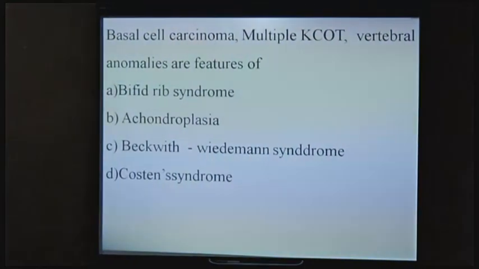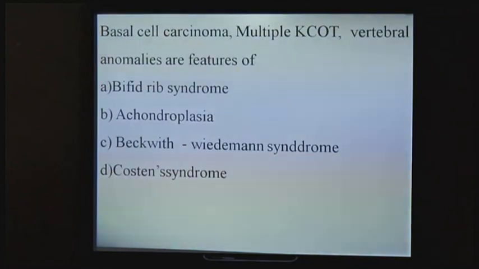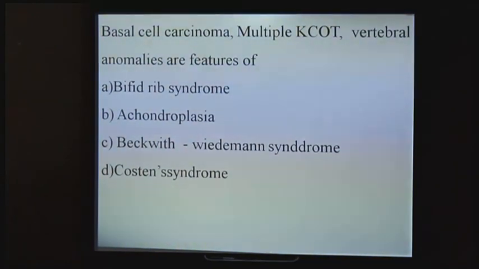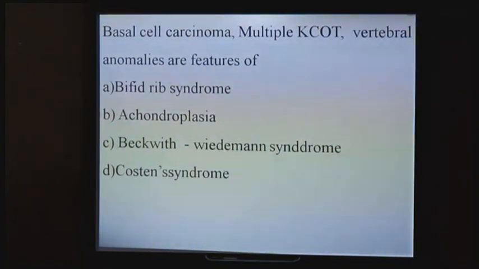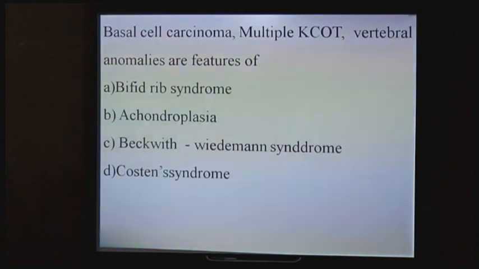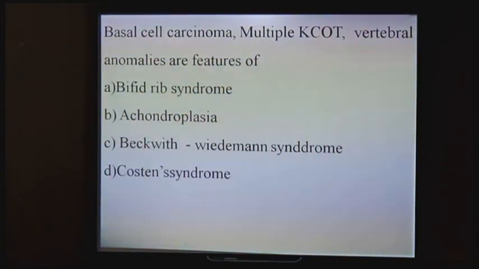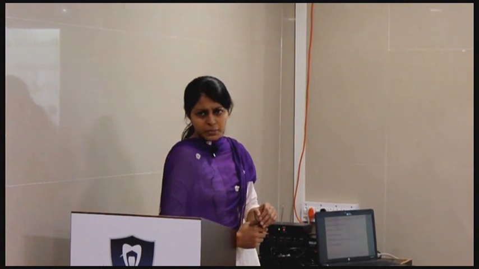Basal cell carcinoma, multiple KCOT, vertebral anomalies are features of bifid rib syndrome. Achondroplasia is seen in, what are the features? Short stature, frontal bossing, mid-face deficiencies, brachycephalic skull. Beckwith-Wiedemann syndrome, macroglossia syndrome.